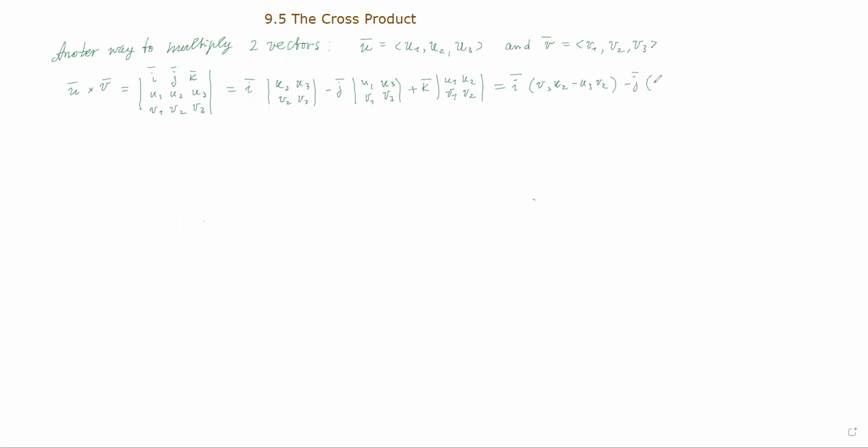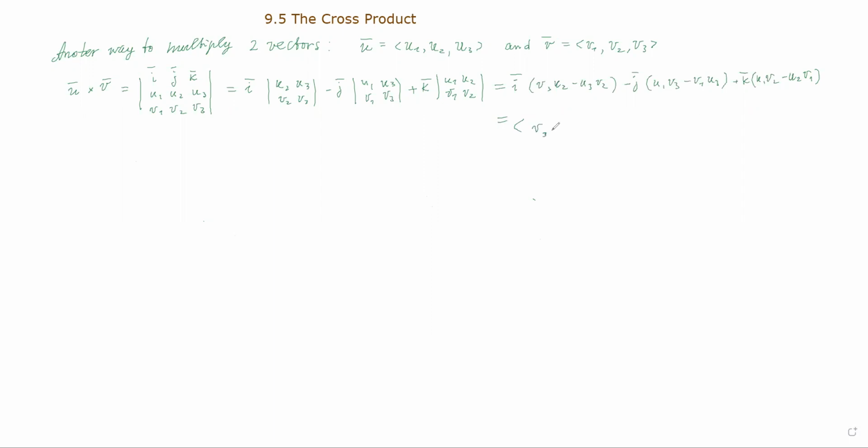Minus j, u1 v3 minus v1 u3, and plus k, u1 v2 minus u2 v1, right? Okay, you see that the result actually has component vectors i, j, and k, and can be represented as a vector. So cross product is not a scalar like a dot product, it's a vector.